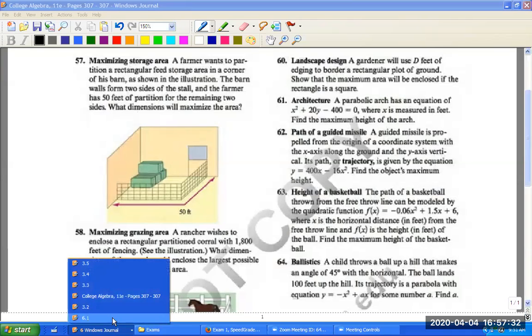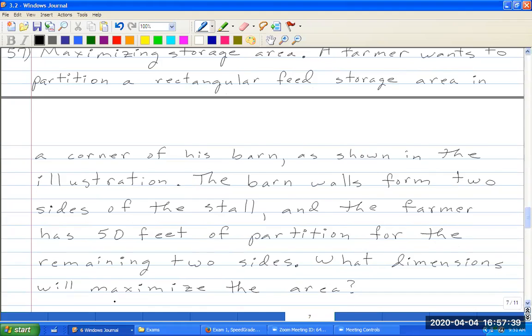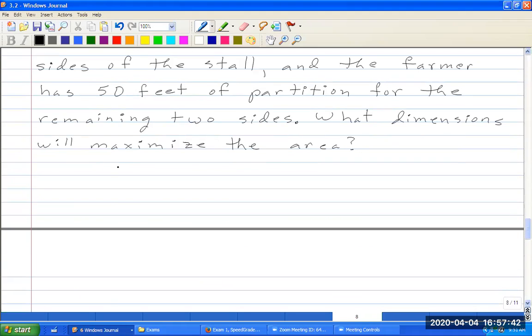So basically he has these walls. So this is my partition, and maybe I'll call this X. And this is Y, and these are feet.